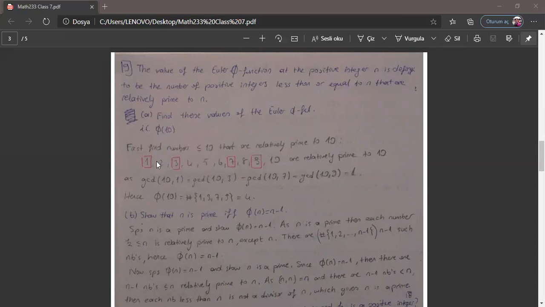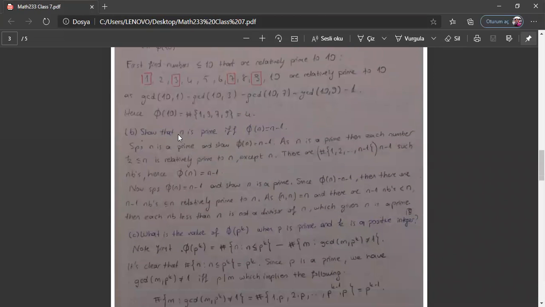Which ones are relatively prime to 10? Here we have 1, 3, 7, and 9, right? So these are relatively prime. Then we have 4 numbers which are relatively prime to 10, right? So phi of 10 is 4.